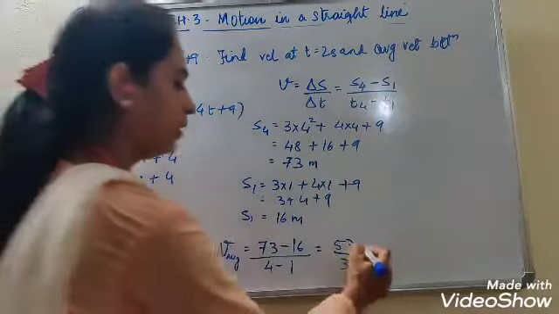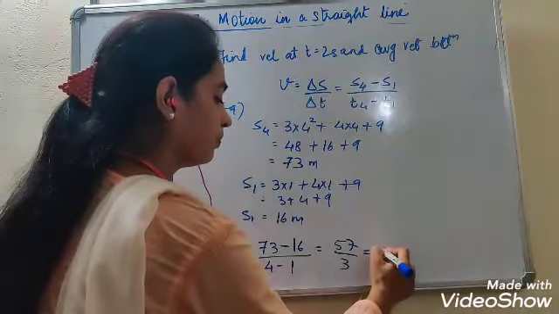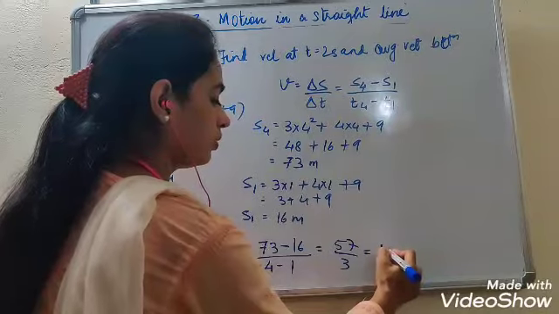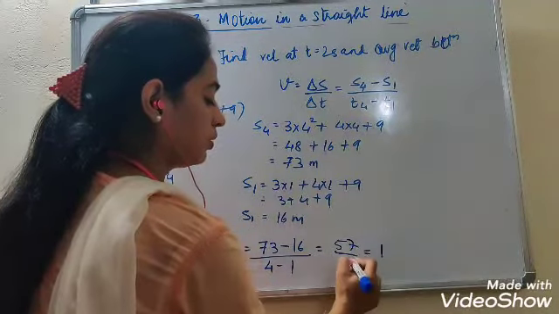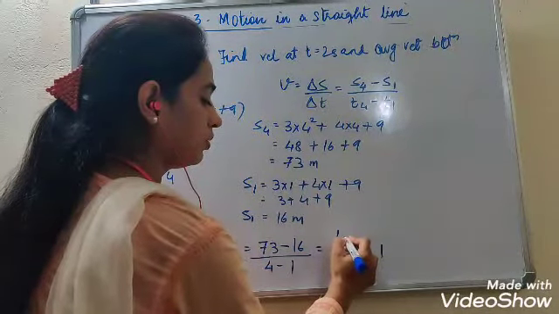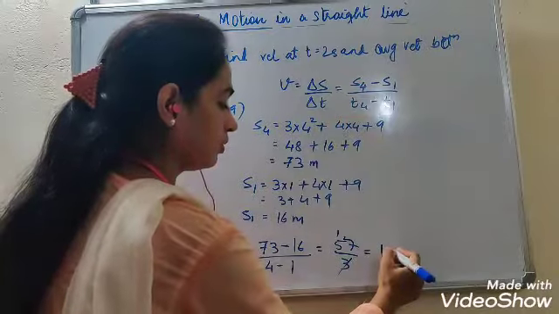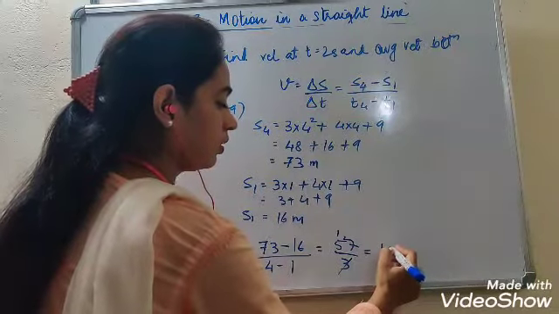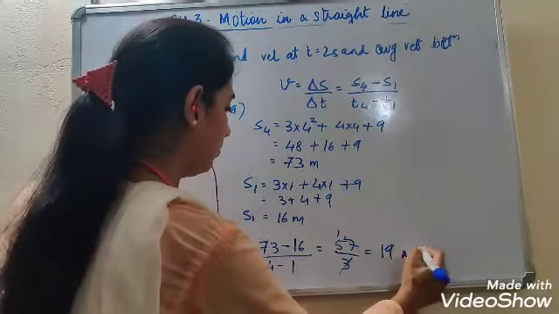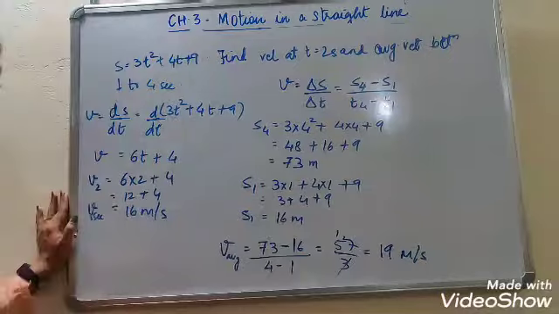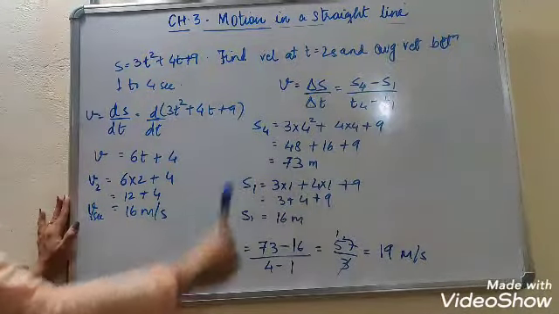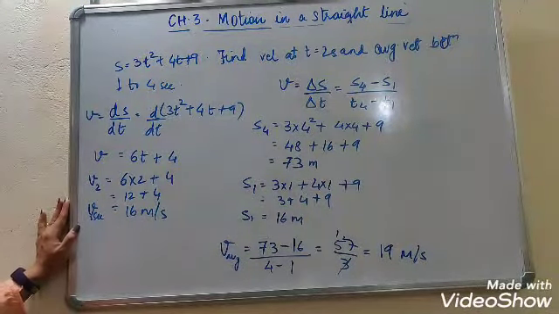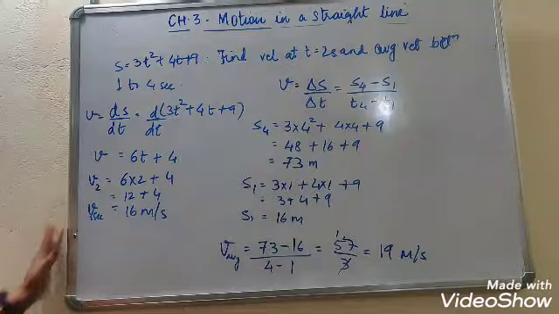Okay, so that will be 19 meter per second. So average velocity between 4th and 1 second is 19 meter per second, right?